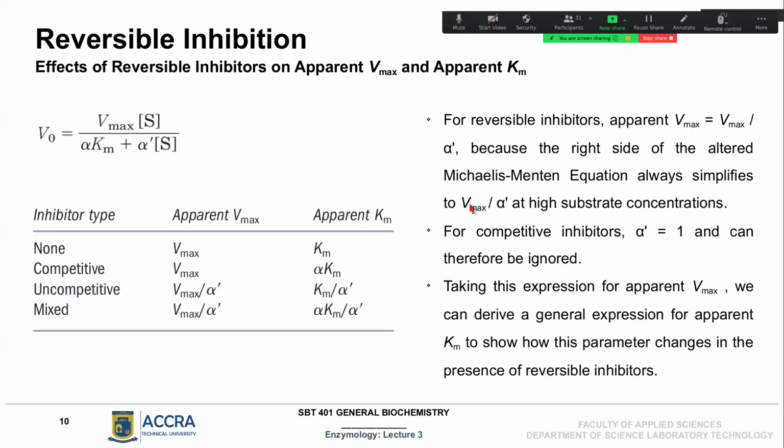So in summary of all of these reversible inhibitions, you see it. In a normal reaction where you don't have any inhibitor present, so here you have inhibitor type, none, no inhibitor, the maximum rate of reaction is represented as Vmax, and the Michaelis-Menten constant is represented by Km.